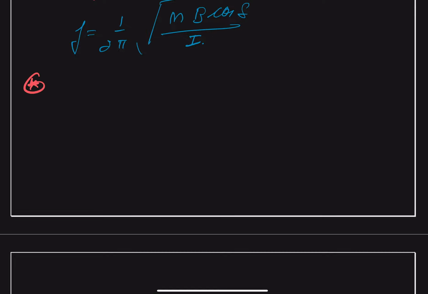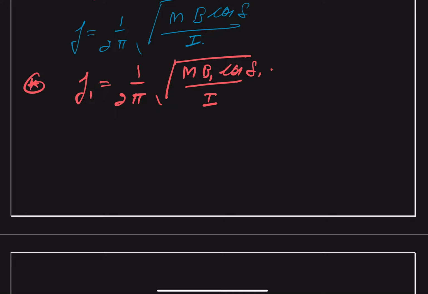In the first part we can say F1 is equal to 1 upon 2 pi square root of m B1 cos of delta 1 divided by I, and the second we can write F2 the same but for the second frequency of oscillation, that is B2 cos of delta 2 divided by I.